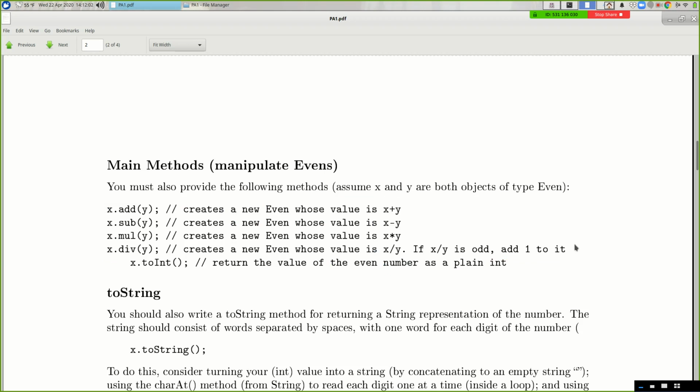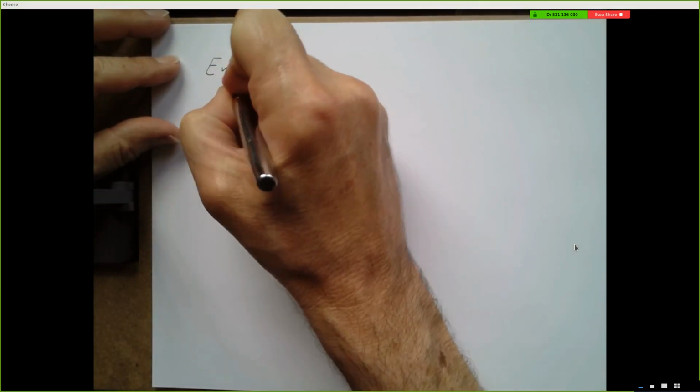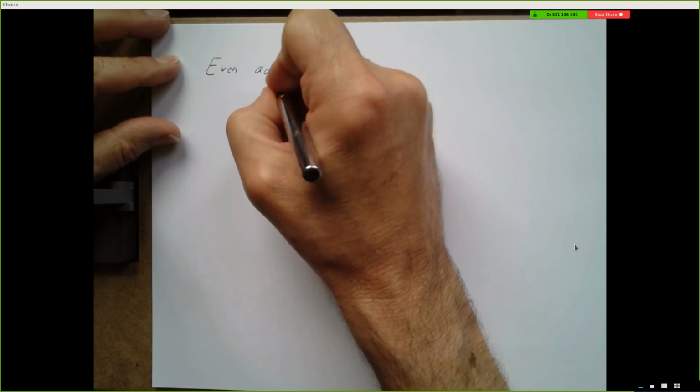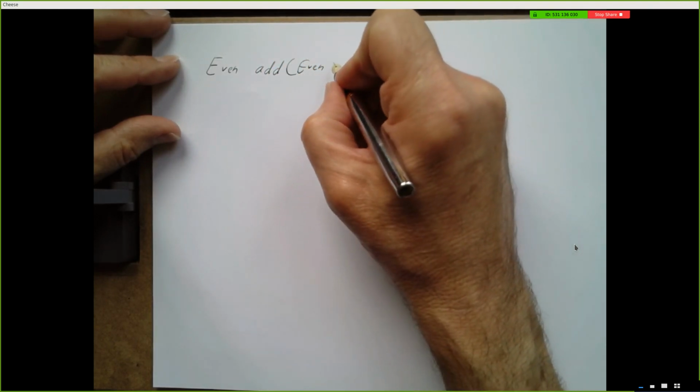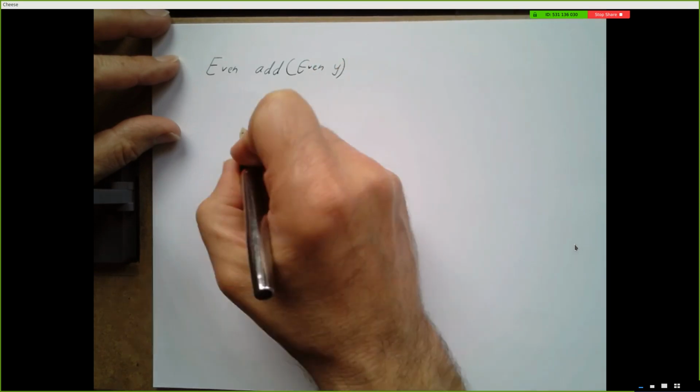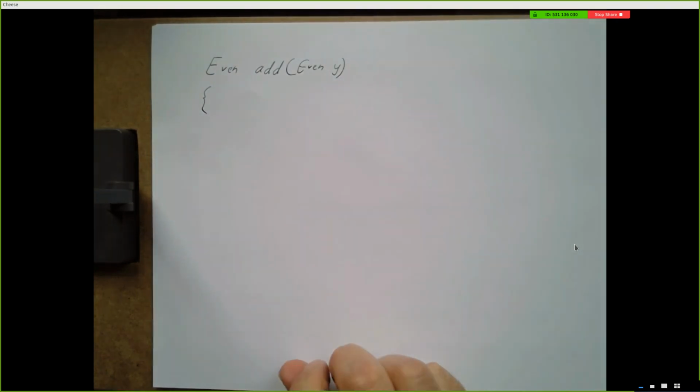So let's look at what one of these might entail. Let's look at the add method. The add method is supposed to return an object of type even, and it takes an argument. I'll just call it y. Well, first thing we need to do is find the value of y.